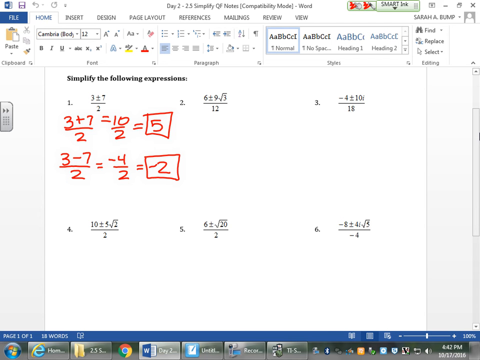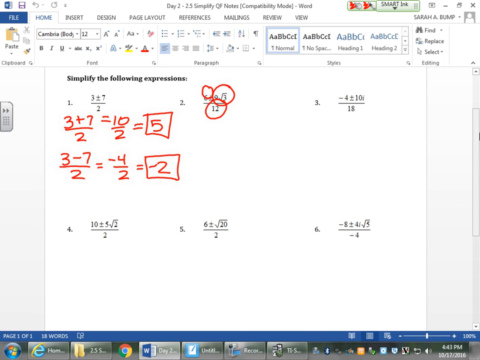Now, a lot of the other problems have radicals or an imaginary component to them. So for those, you have to use the strategy that we talked about earlier in the year, that you can only simplify if all terms have a common factor. So 6 is a term, 9 radical 3 is a term, and the 12 is a term. You have to ask yourself, is there a number that goes into 6, 9, and 12?